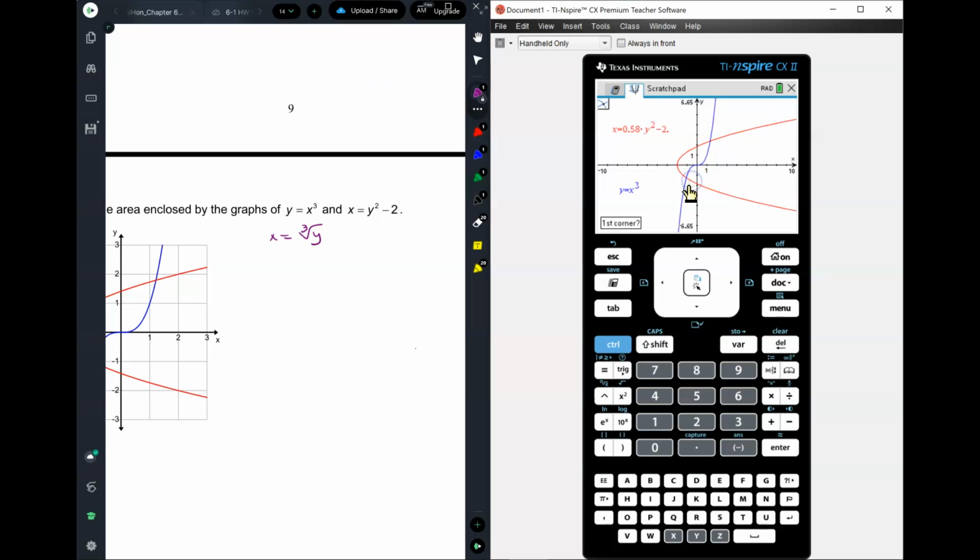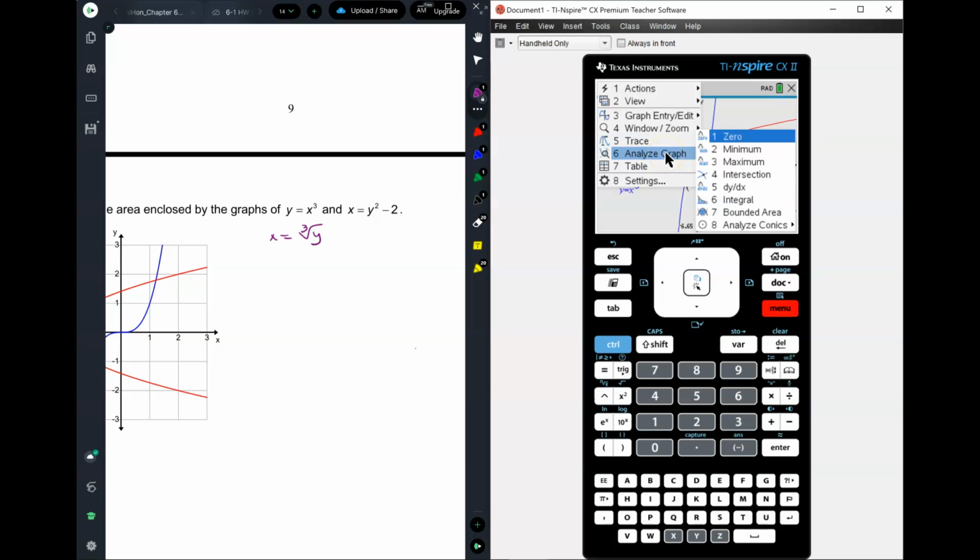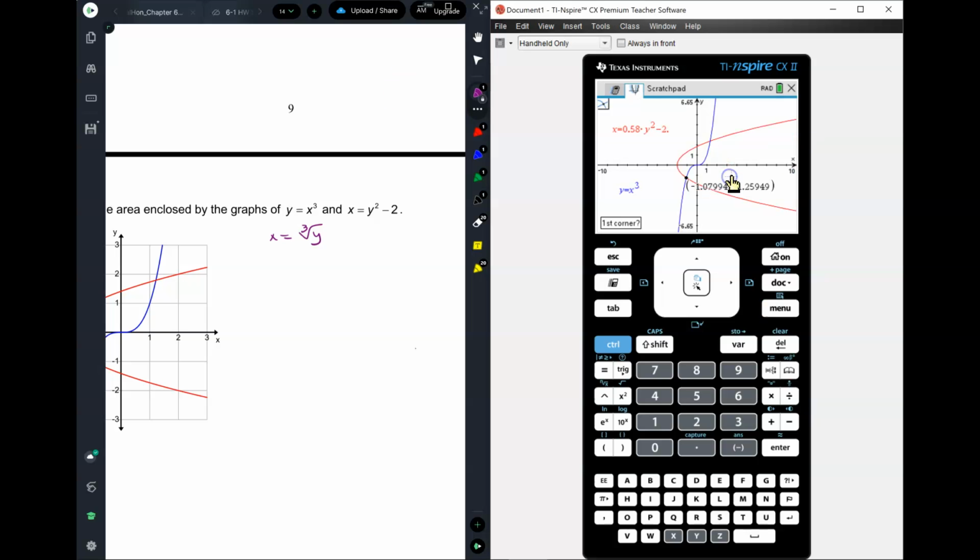That's one of them. It's weird. How do you get to relation? Press tab. Menu, analyze graph, intersection. Okay, here we go.